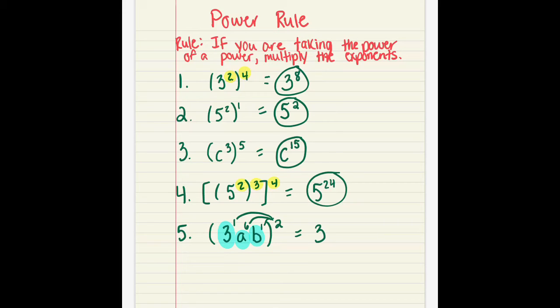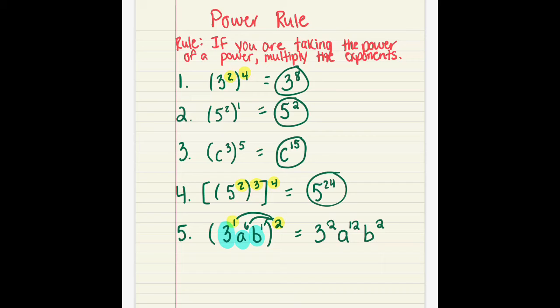So we will have 3 to the 1 times 2. So that would be 3 squared. Then we're going to have a to the 6 times 2, which is a to the 12th. Then we will have b to the 1 times 2, and that is b squared.